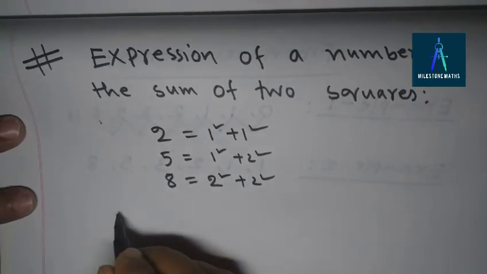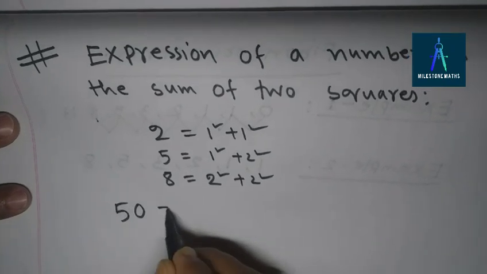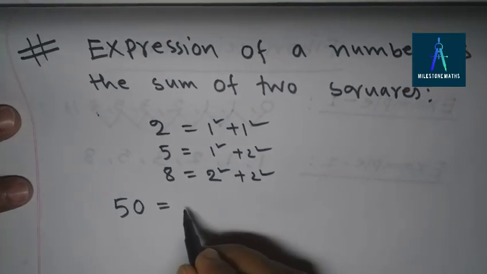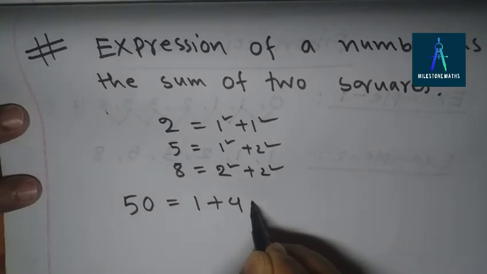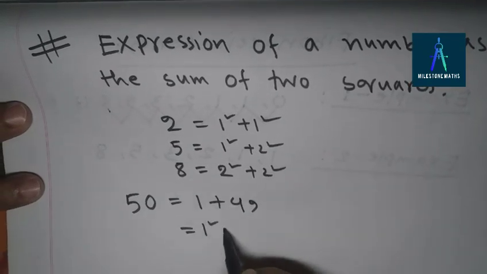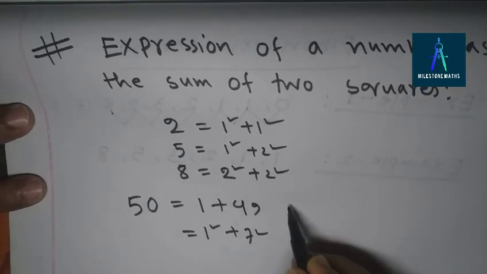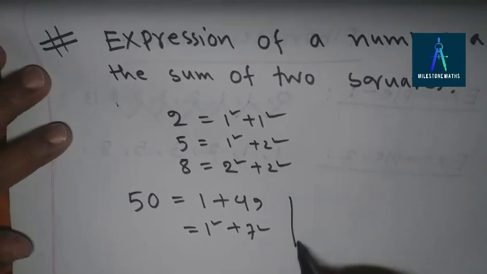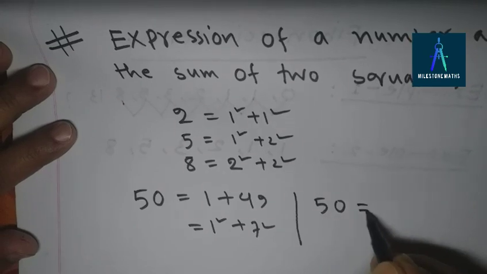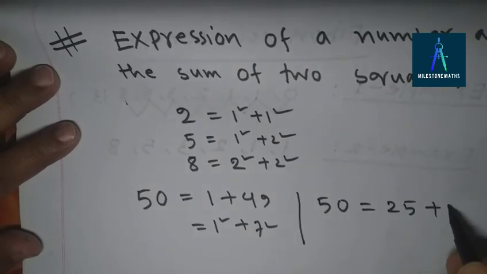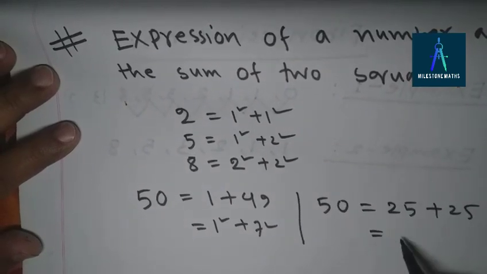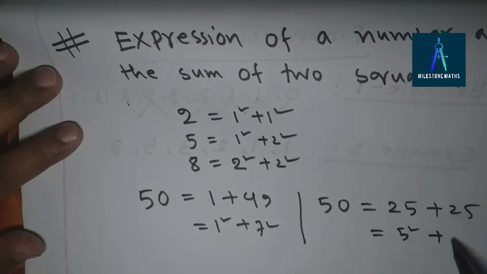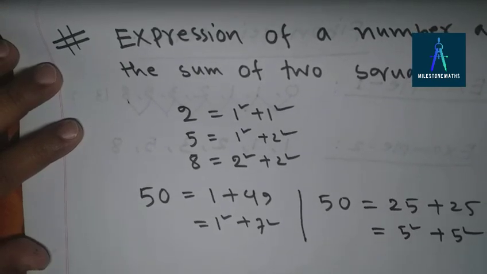Like if I write 50, 50 means 1 plus 49, so you can write 1 square plus 7 square. So 50 can be expressed as the sum of 2 squares in another way. Suppose 50 equals 25 plus 25, so we can write here 5 square plus 5 square.